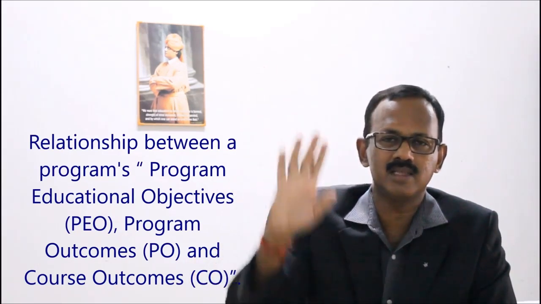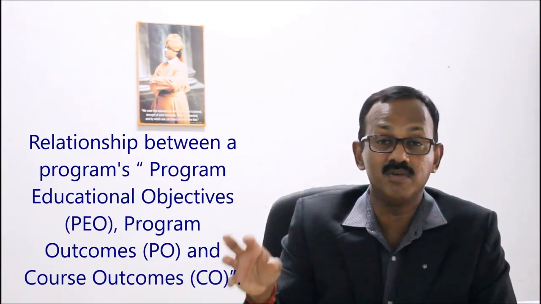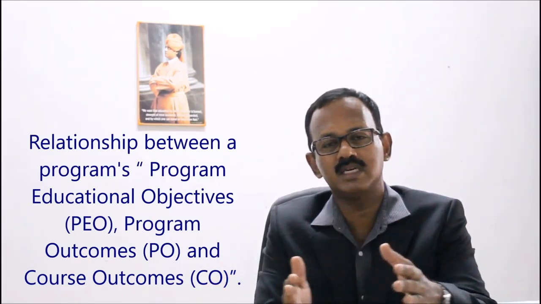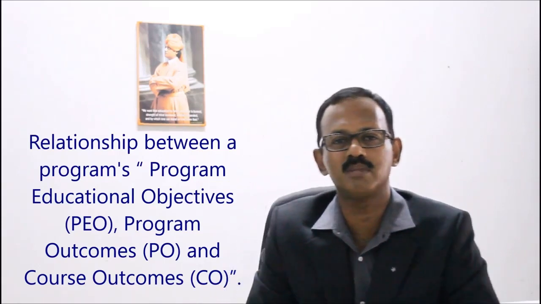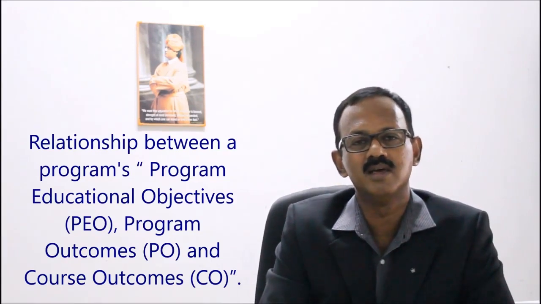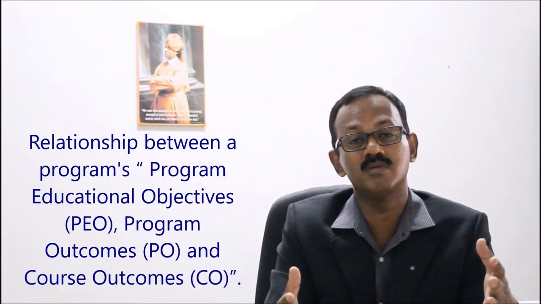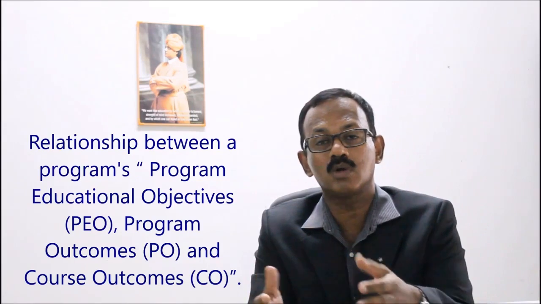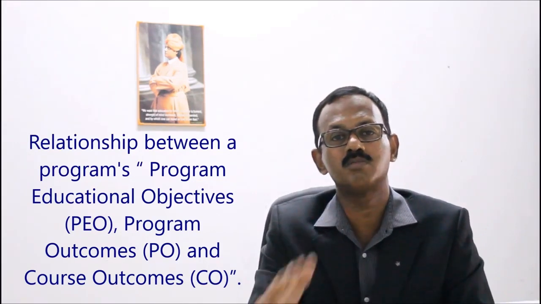So when you write the course outcome for a course, we have to think that we are preparing the graduate to enter the field of design, and if we start from the program educational objective and go till the course outcome, everything will be design oriented or will have a flavor of design automatically. From the first year till the final year, most of the things will be handled with respect to design. This is the relationship we are supposed to understand between program educational objective, program outcome and course outcome, which is a very, very strong concept to be understood.